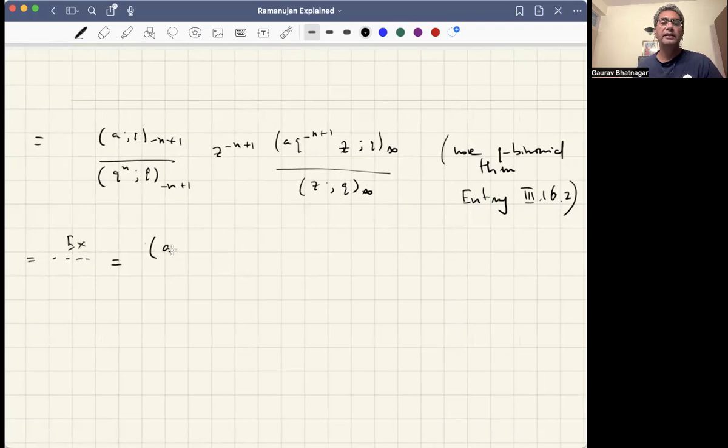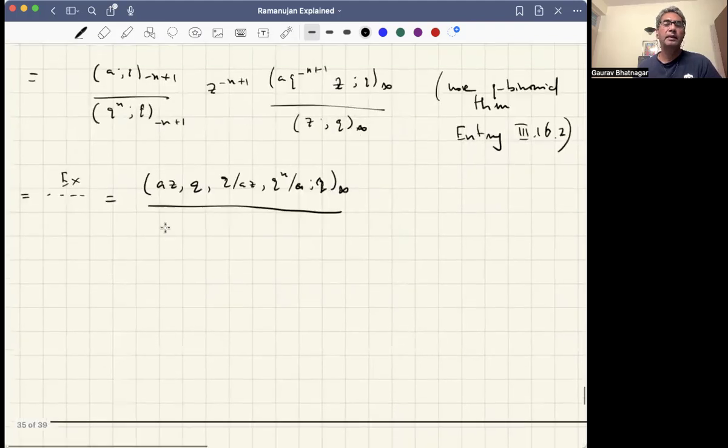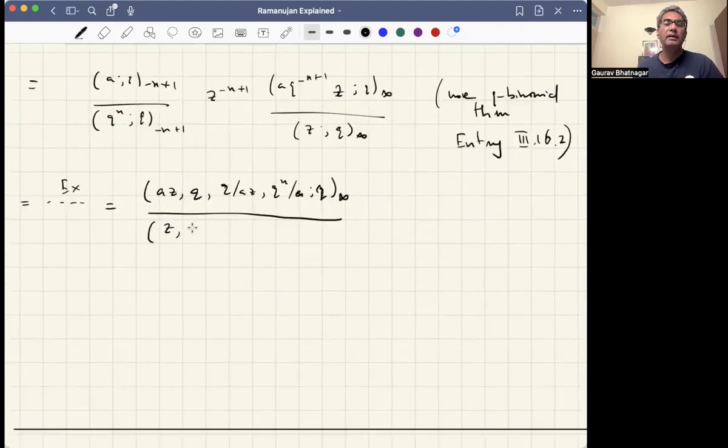And you can write it as the following: (a z q;q)_n over (a q;q)_infinity, and at the bottom you get (q;q)_n over (a z q;q)_infinity.